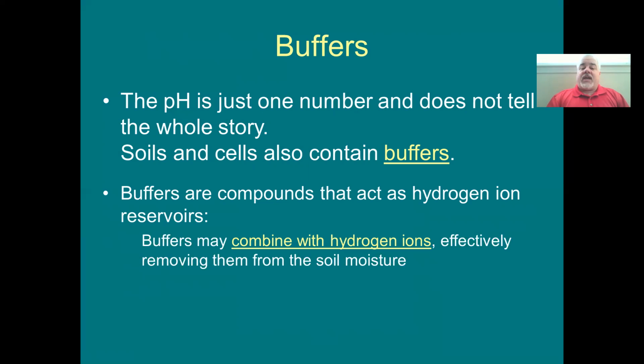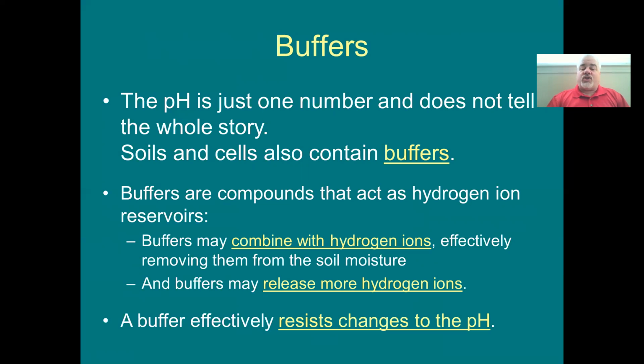And a buffer is a chemical that will combine with hydrogens, removing them from soil when we add hydrogens or add acids. And buffers will release more hydrogen ions if we add a base. It will counteract or resist the change to pH. That's a buffer. And buffers are naturally occurring.